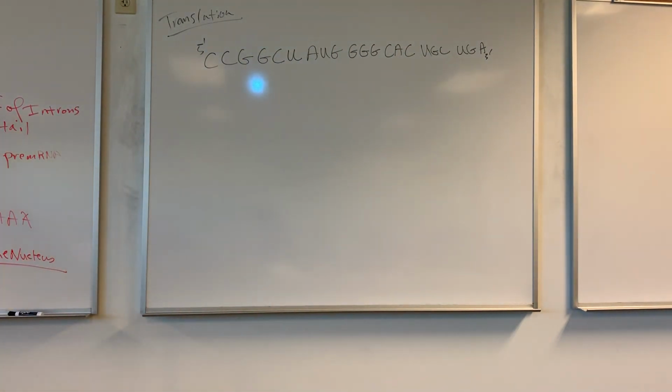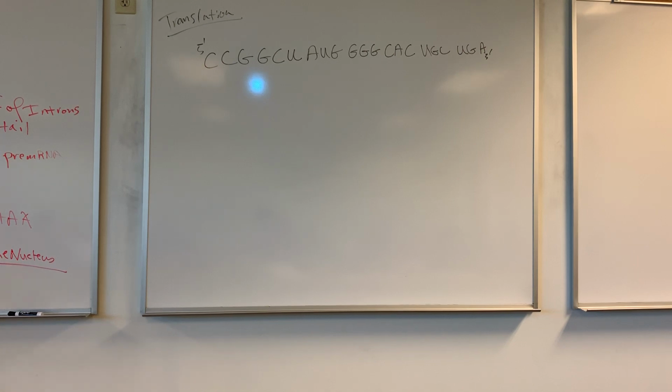By the way, when we go back here, one of the things that I want to show you here, when we transcribe something, we're making DNA to RNA. So if this is AGCT, then your RNA is going to be UCGA, because when you have an A on the DNA, it's going to be a U on the mRNA.